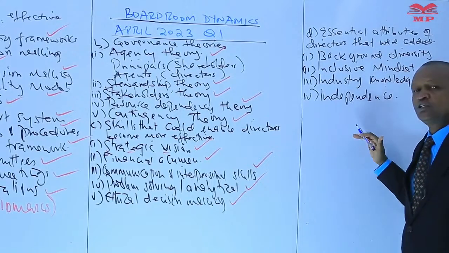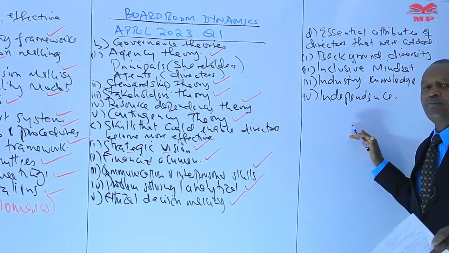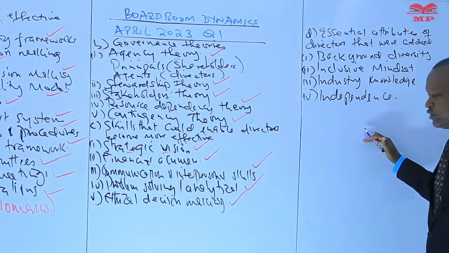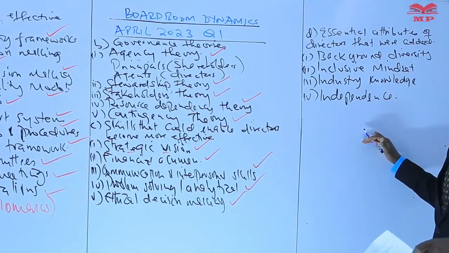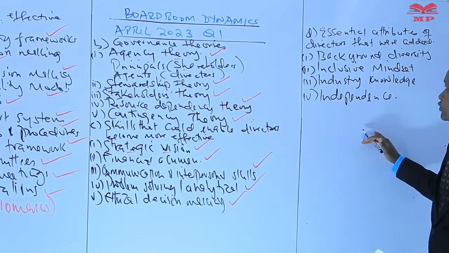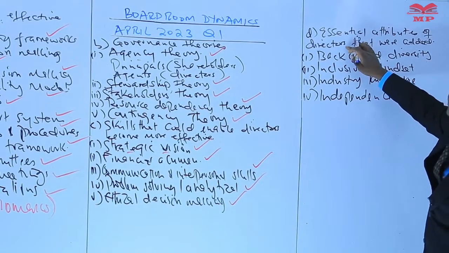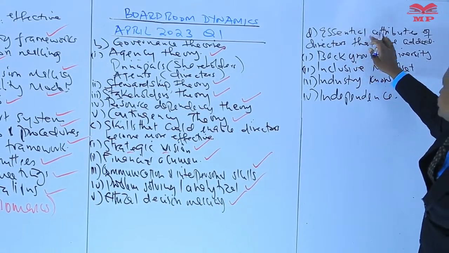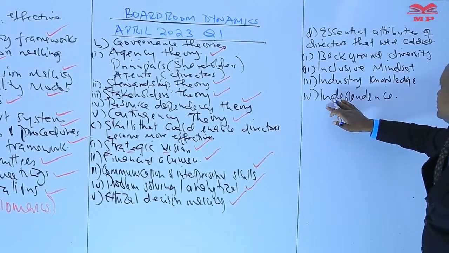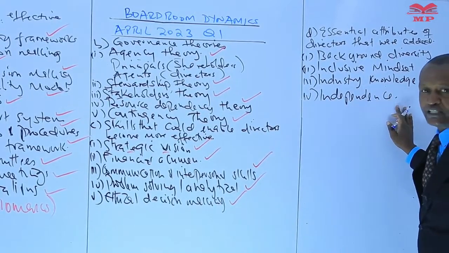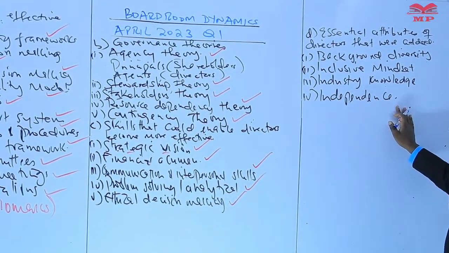They should not only have no affiliations, but also no financial interests or ties to the company. So when recruiting the new directors, an essential attribute that was considered is that of independence. The directors ought to be independent.